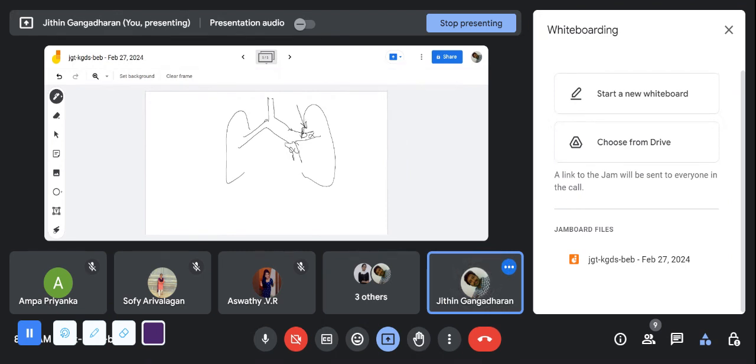In the cardiovascular system, we have studied the beta blockers, right? What will the beta blockers do? The beta blockers will decrease the blood pressure, right?